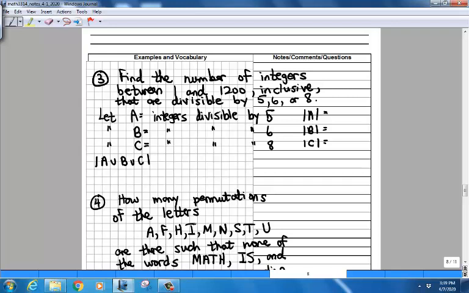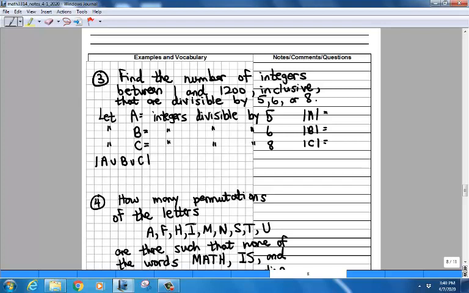All right, so let's read the problem and see if we can understand it. Problem 3 says, find the number of integers between 1 and 1200 inclusive, so that could include 1, but also include 1200, that are divisible by either 5 or 6 or 8.